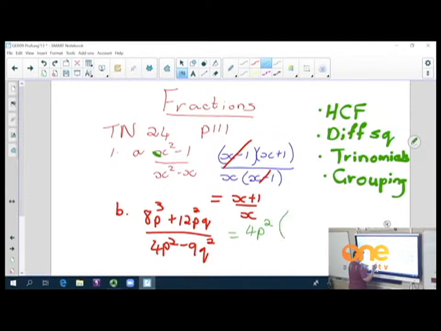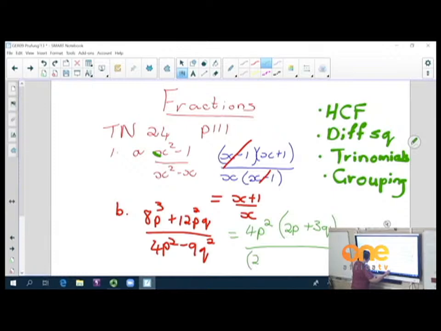If we divide now, then it will be 2p, and there it will be plus 3q over, this is the difference between squares that I'm going to take here. This is all square numbers.